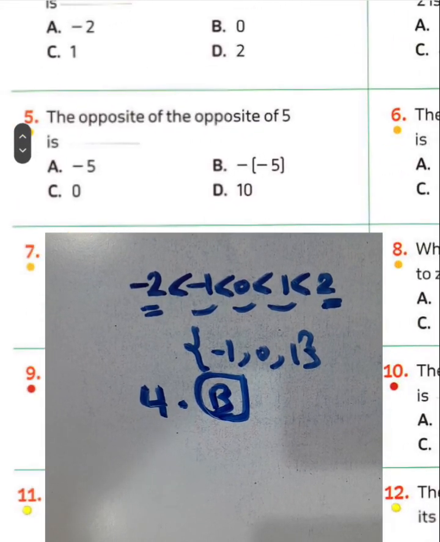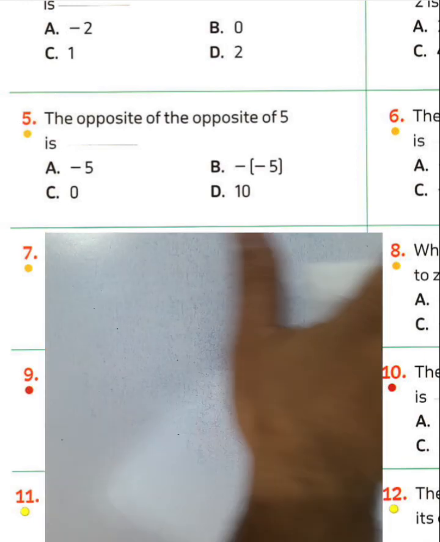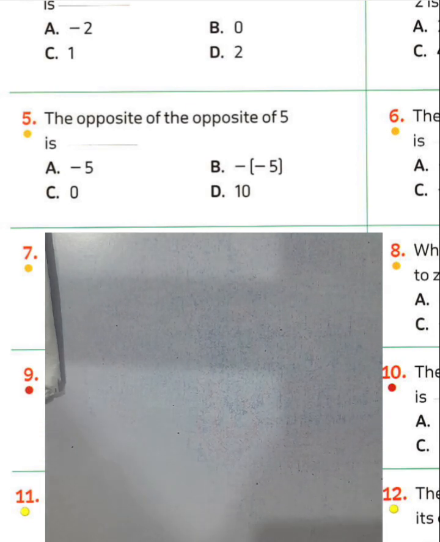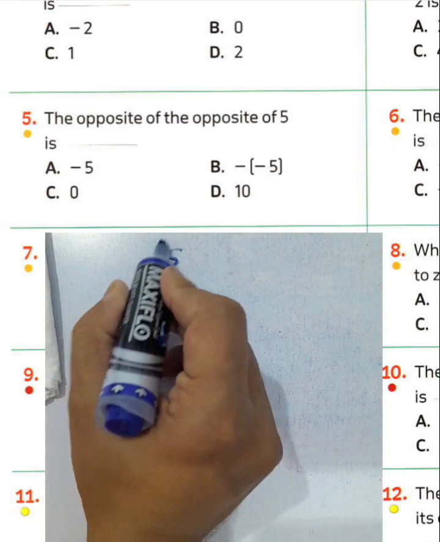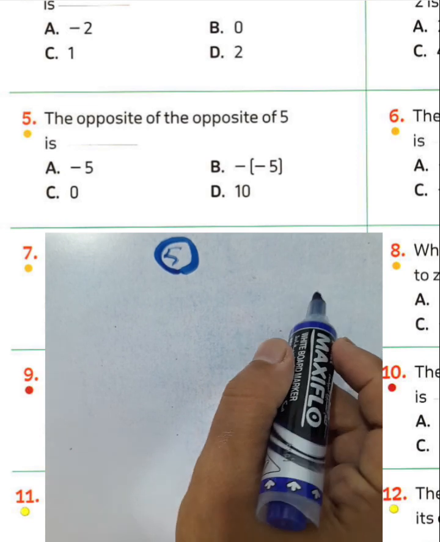Question number 5. The opposite of -5. We know the opposite of 5 is -5. Look again at this word. You want to find the opposite of -5.